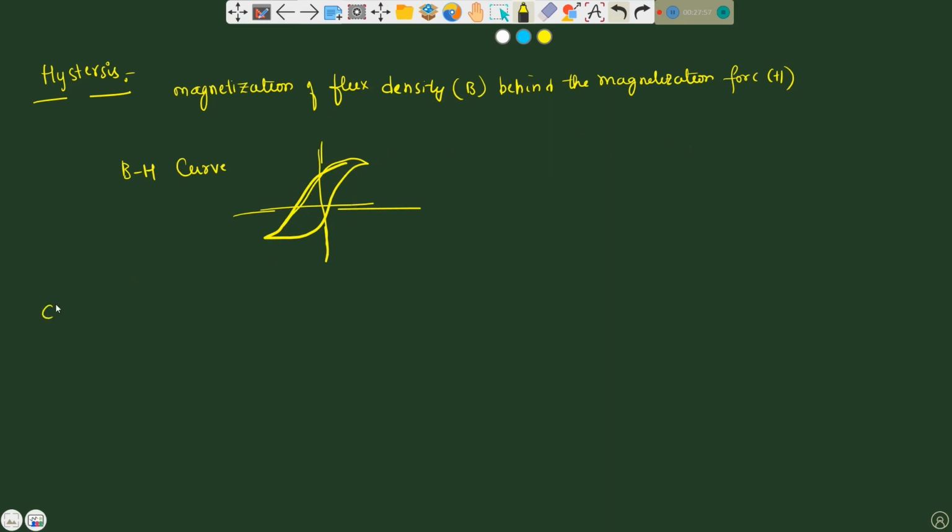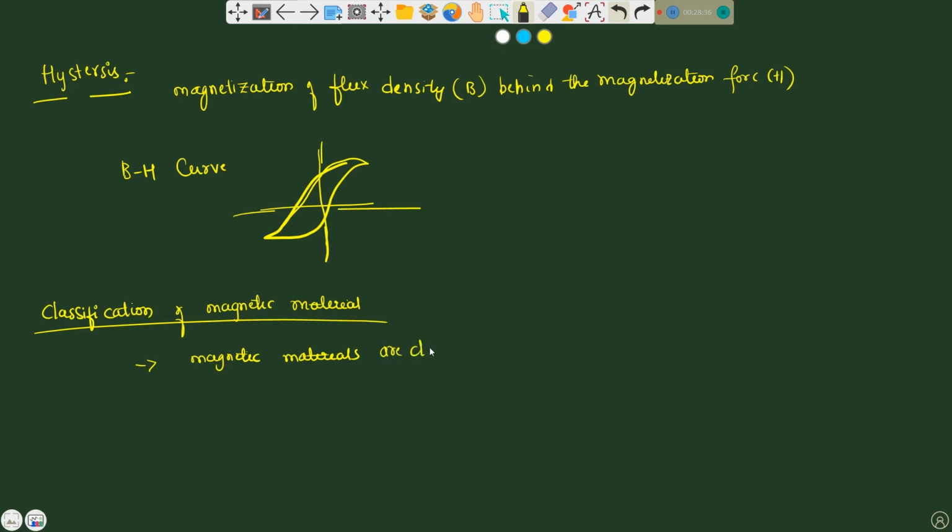So if we talk about the classification of magnetic materials, on the basis of permeability, magnetic materials are classified based upon their permeability.